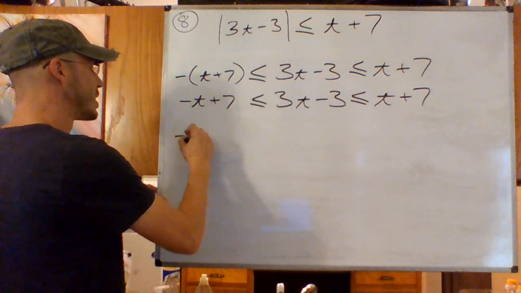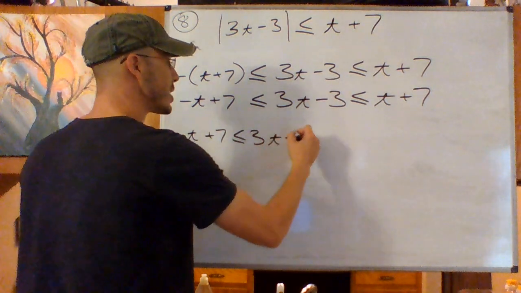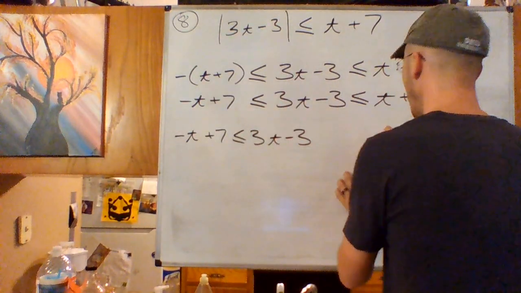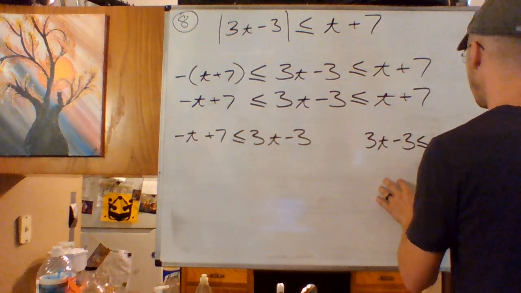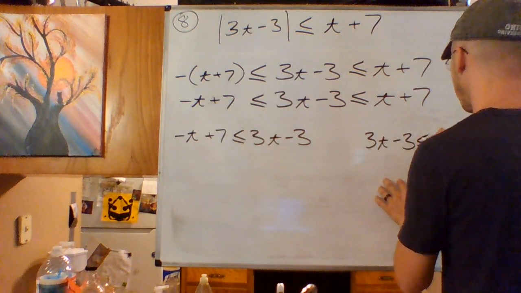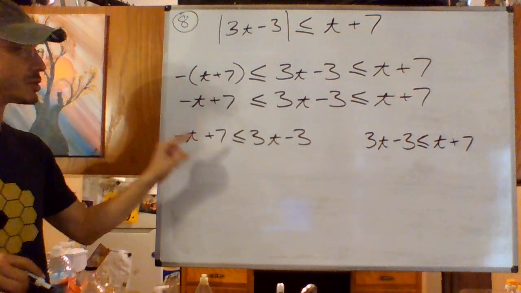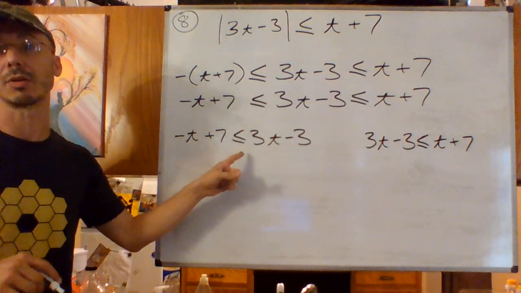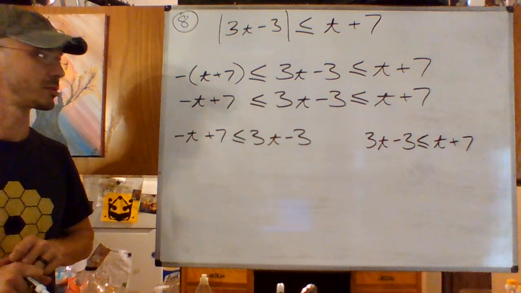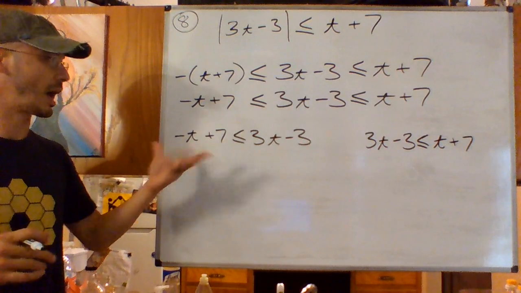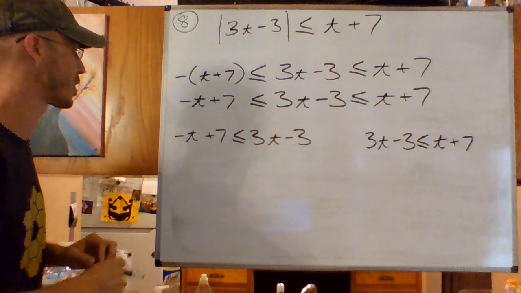What I'm going to do is negative t plus 7 is less than or equal to 3t minus 3. And 3t minus 3 is less than or equal to t plus 7. So I'm breaking down this compound inequality into two single or simple inequalities. I think divide and conquer works often enough that it's worth a try.